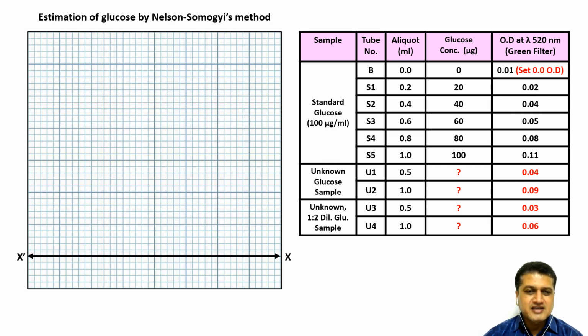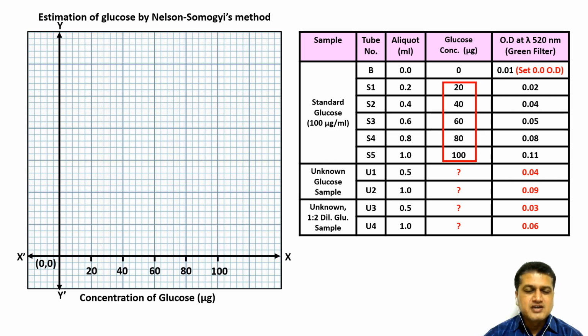Draw x-axis horizontally at 1 centimeter above the bottom of the graph paper. Next, draw y-axis vertically at 1 centimeter away from left side of the graph paper. Label 0, 0 where both axes cross each other. This is called the origin.